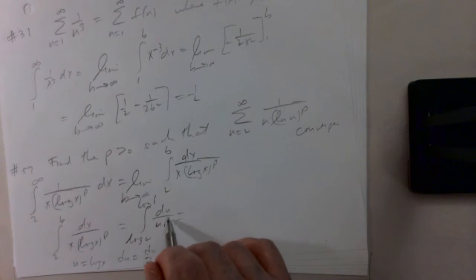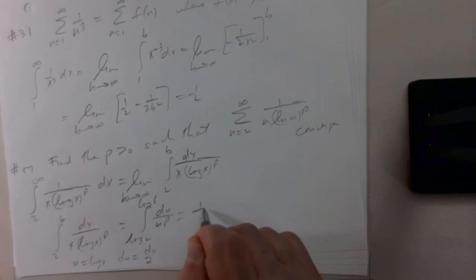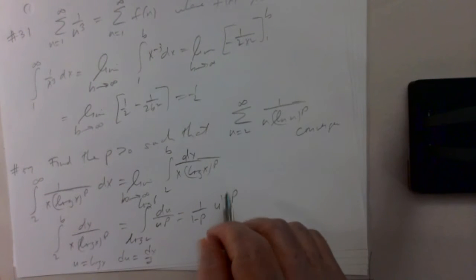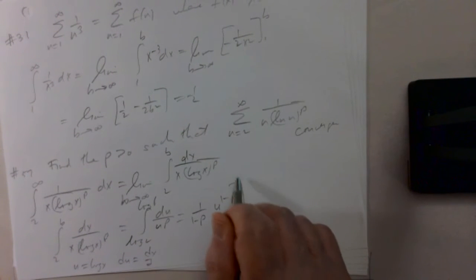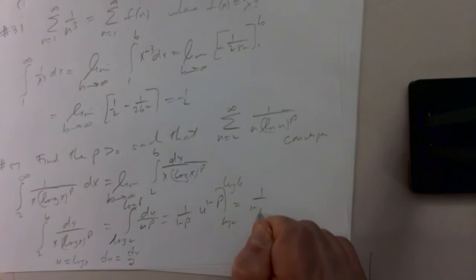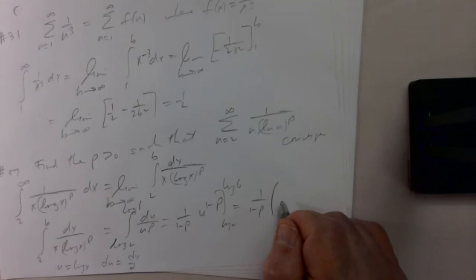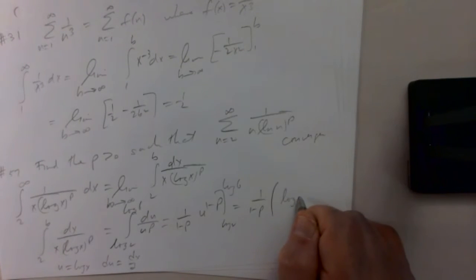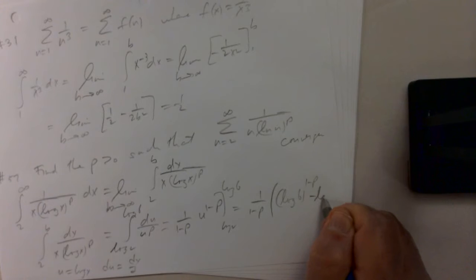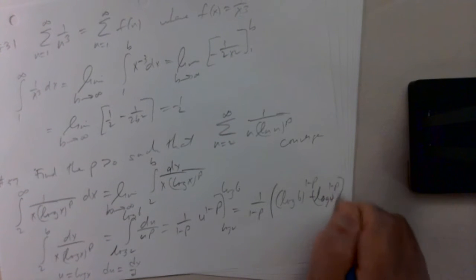What is this? u to the minus p. This is 1 over 1 minus p, u to the 1 minus p, evaluated from log 2 to log b. So this is 1 over 1 minus p, log b to the 1 minus p minus log 2 to the 1 minus p.